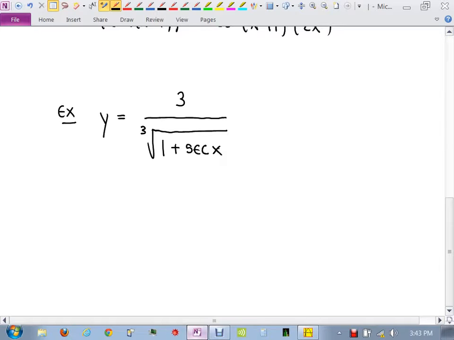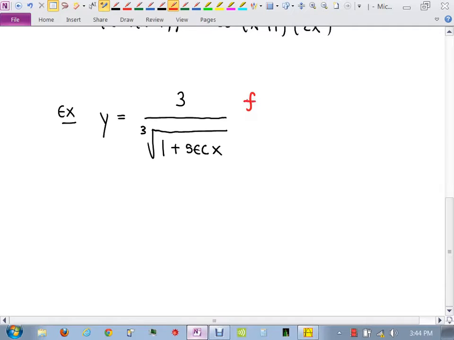There are several ways to do this problem. Anyone have any ideas of how to approach it? Yes, you could do that. You could do quotient with chain here. Let's try it. Let's see how that would work.